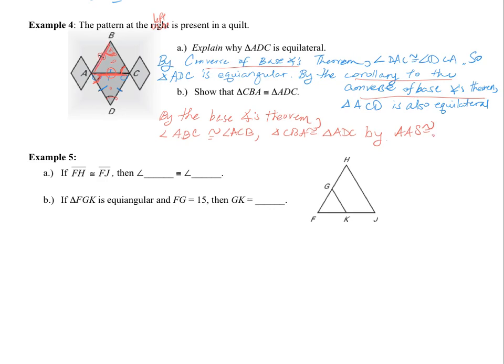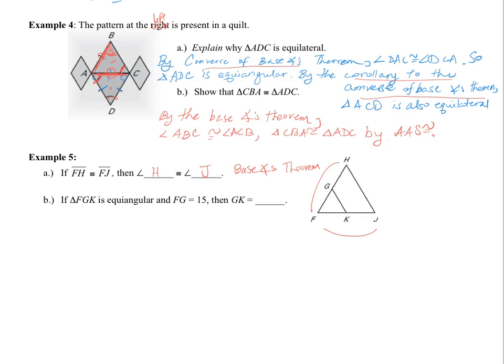Now example 5. If side FH is congruent to side FJ, then angle H is congruent to angle J by the base angles theorem.